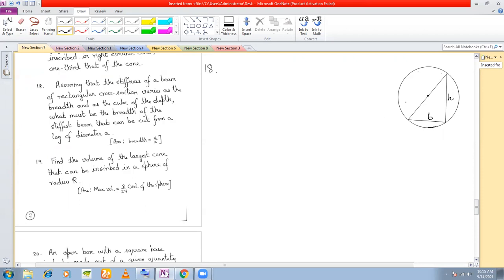Since the beam is given, I assume the diameter of the log to be A, which is a constant.